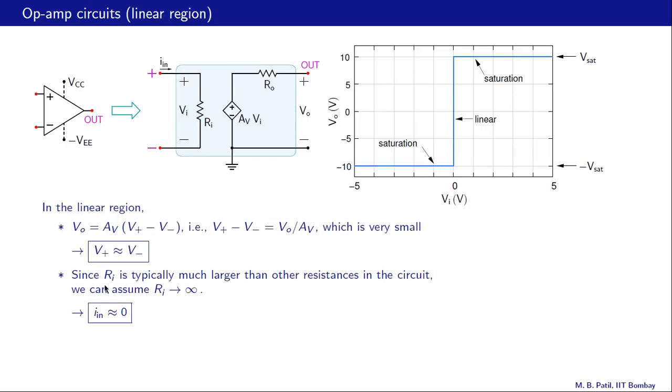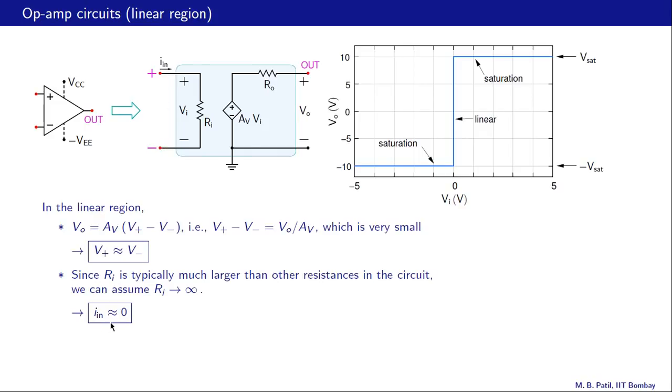Second, since Ri is typically much larger than other resistances in the circuit, we can treat this as an infinite resistance or an open circuit. And then what it means is that this current is 0. If there is an open circuit here, this current is 0, this current is also 0.